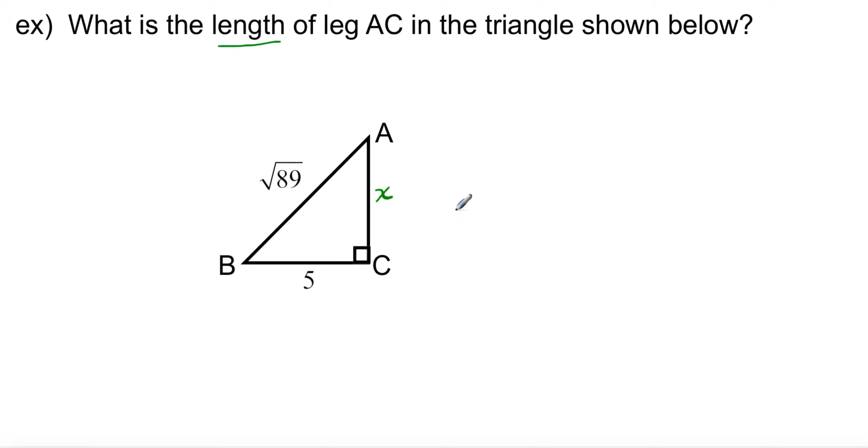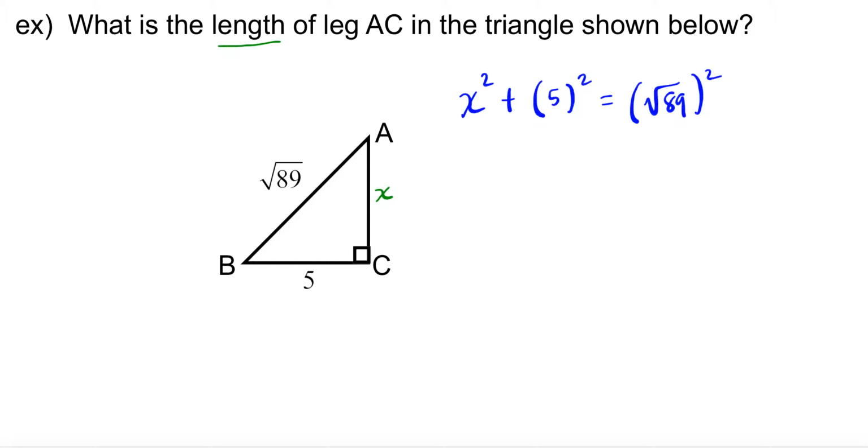Remember, when we reviewed triangles, we labeled those sides by lowercase letters and the angles by the uppercase. All right, so leg squared plus leg squared equals hypotenuse squared. We just want to plug this into the Pythagorean theorem. x squared plus 5 squared equals the square root of 89 squared.